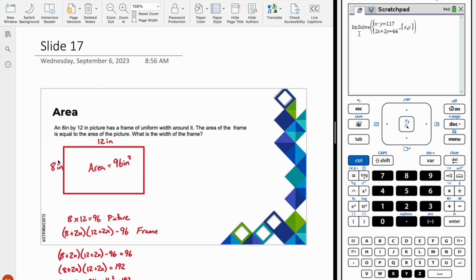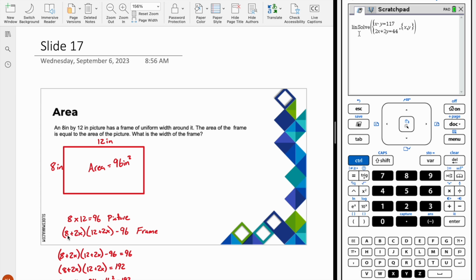First thing is understanding that we have an 8 by 12-inch picture. In that case, the area would be 96 inches squared. Now just keep in mind that our frame itself is going to have the same area as our picture. So we have to remember that at the very minimum, we would have an additional inch for the frame on both the width and the length.